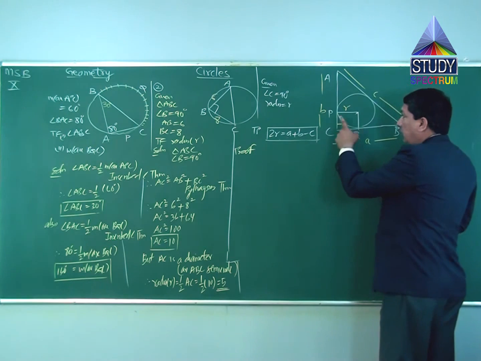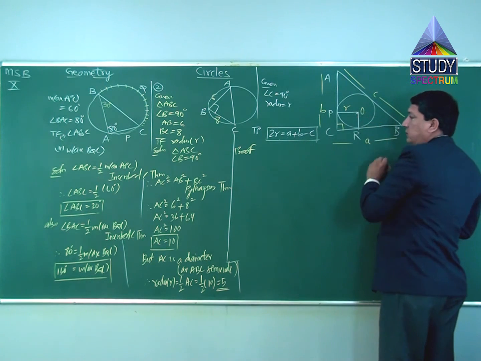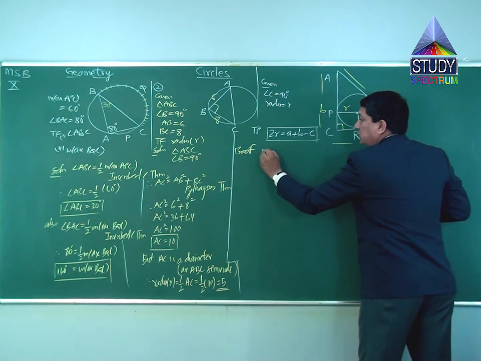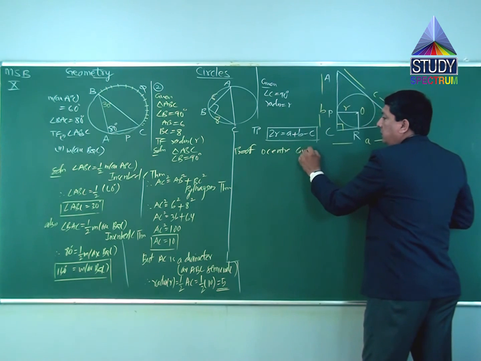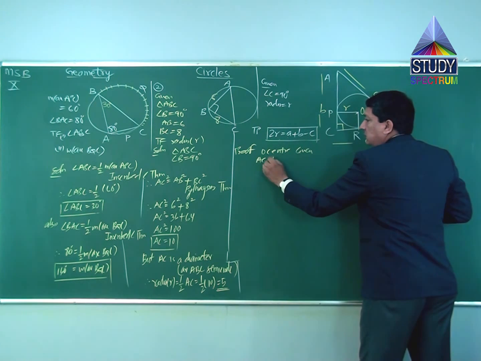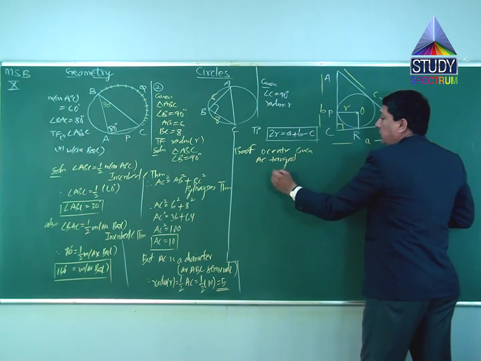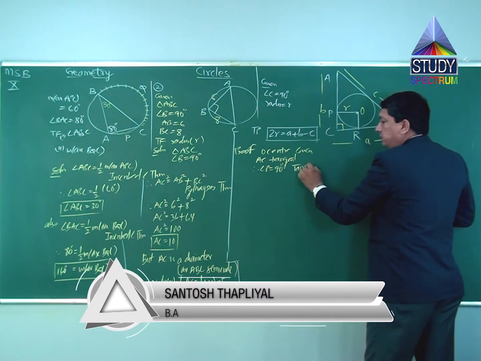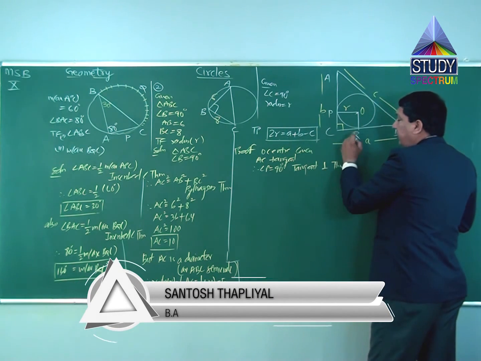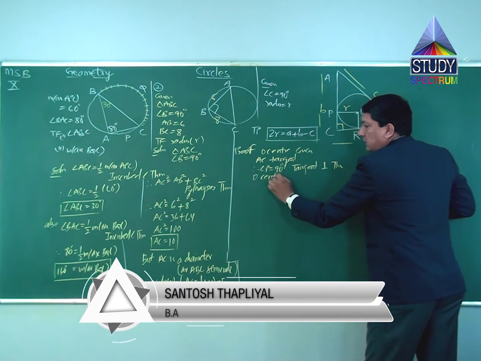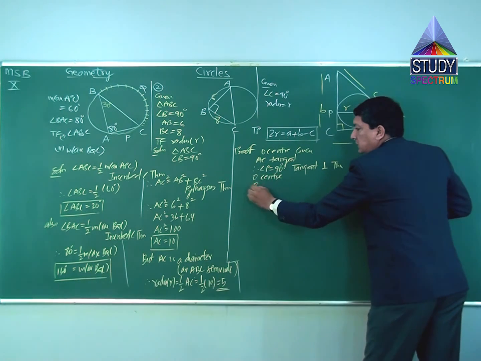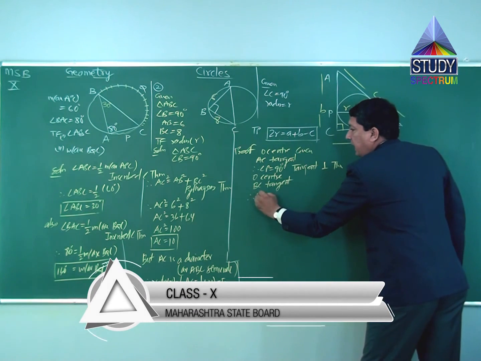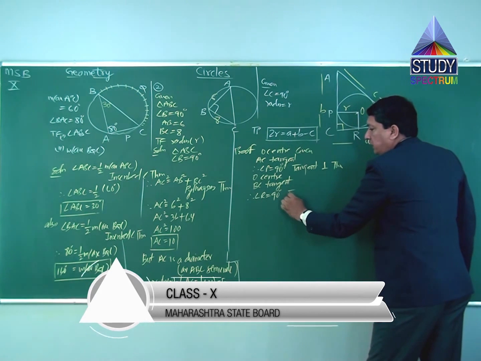First thing, look at this quadrilateral. I'll name this point as O. Now in this quadrilateral, I'll mention the reasons. O is the center, given. AC is a tangent. Why? Because it is touching the circle. Therefore, angle P is 90 degrees, tangent perpendicularity theorem. Same way, O is the center, this time BC is a tangent, therefore angle R is 90 degrees, tangent perpendicularity theorem.